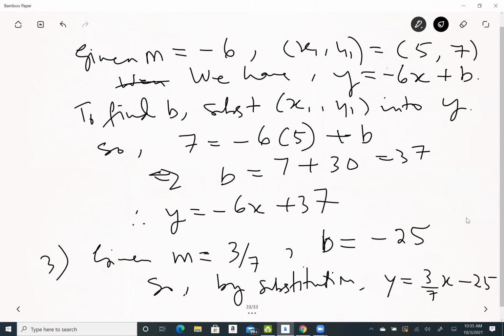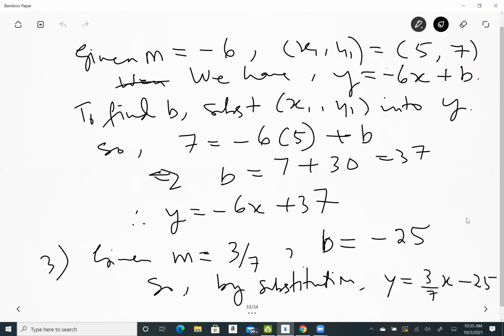So I would like you to read a few things, just a few things, not so much. You read the concept of the parallel line, parallel and then perpendicular. Now this is on 1.3, so I want you to read that part.